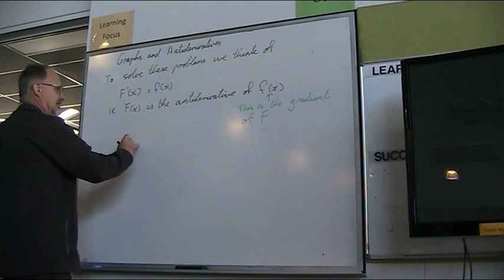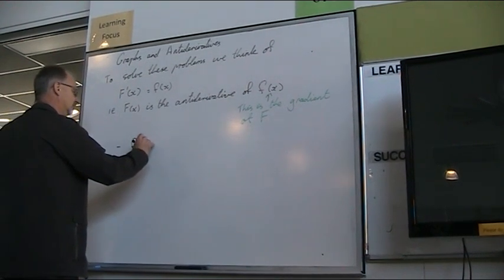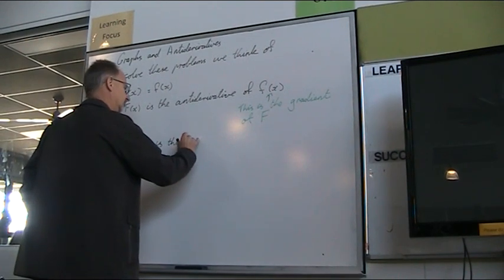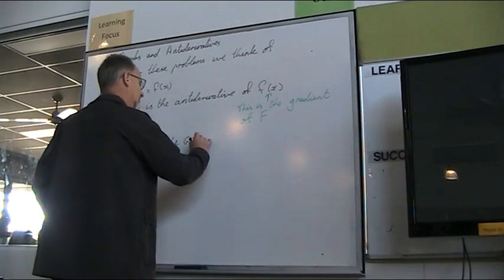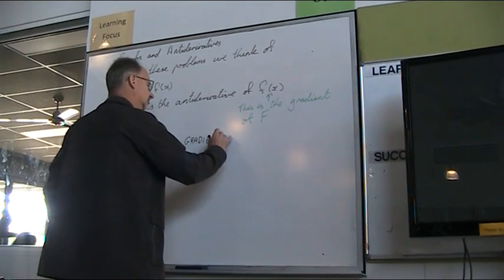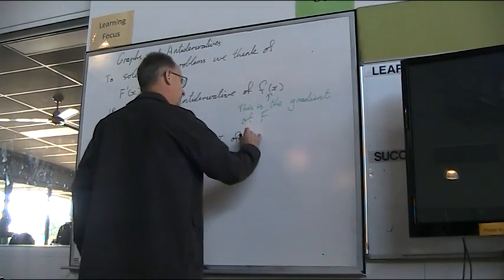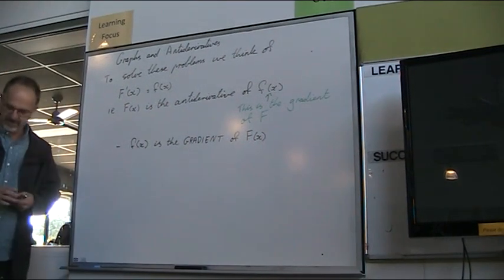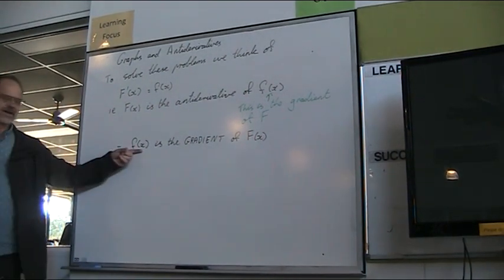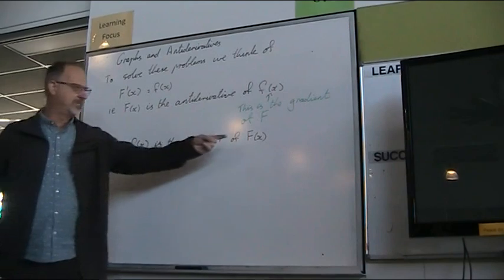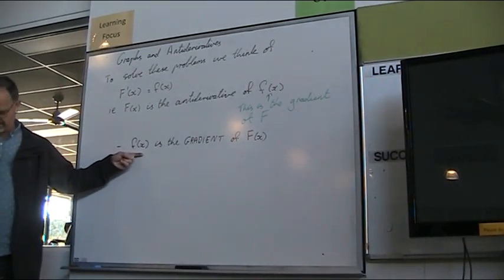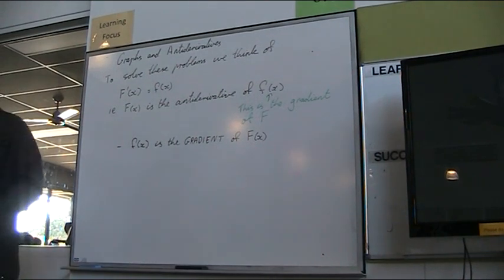Another one. So little f is the gradient of big F. So often we're going to be given little f and have to draw big F. So little f tells us about the gradient.